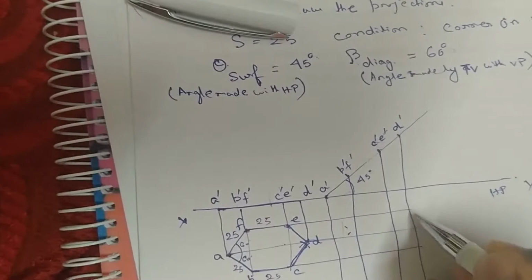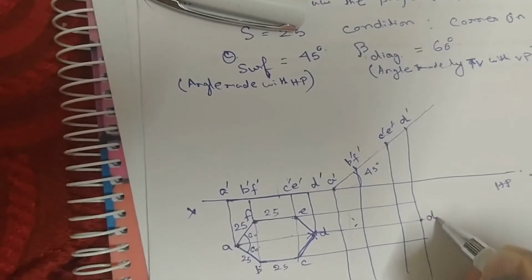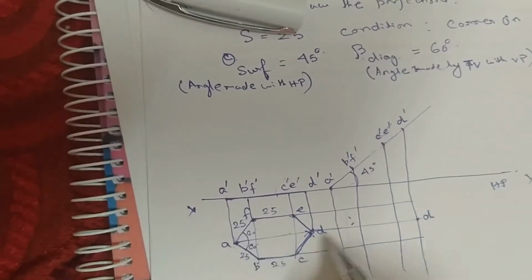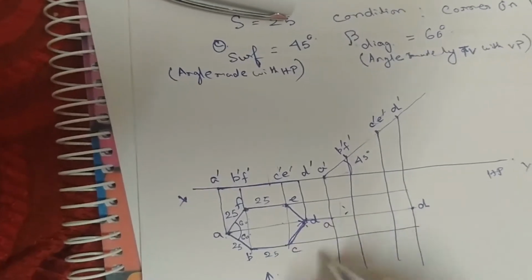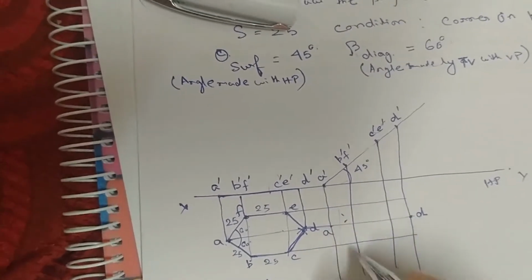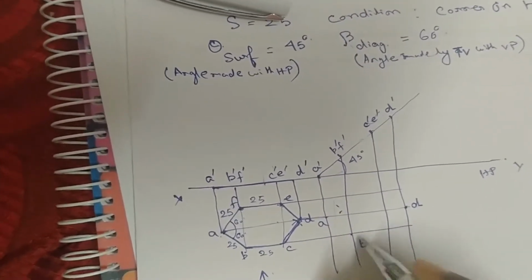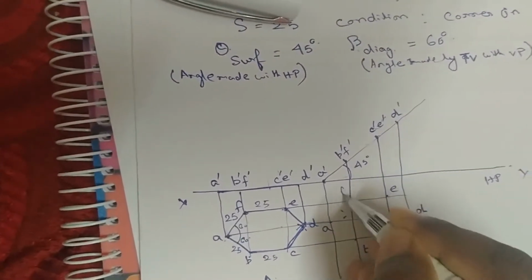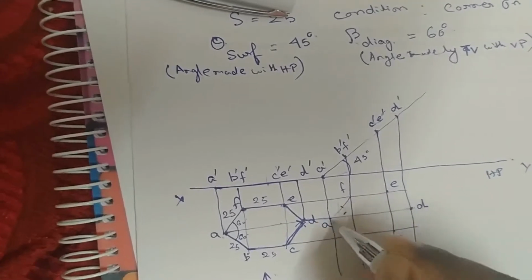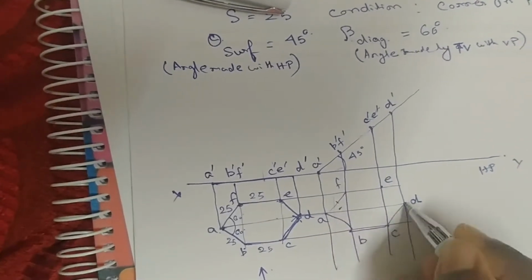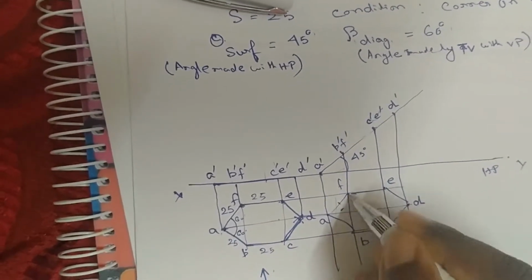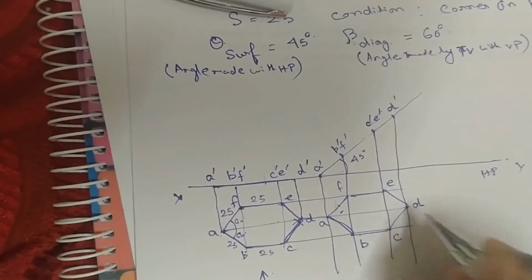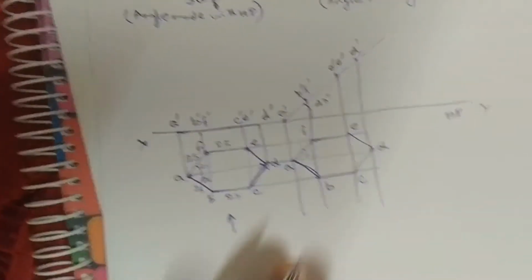So this point will be D, this point will be A, this point will be B, this point C, E and F. After joining this we will get this kind of squeezed hexagon.